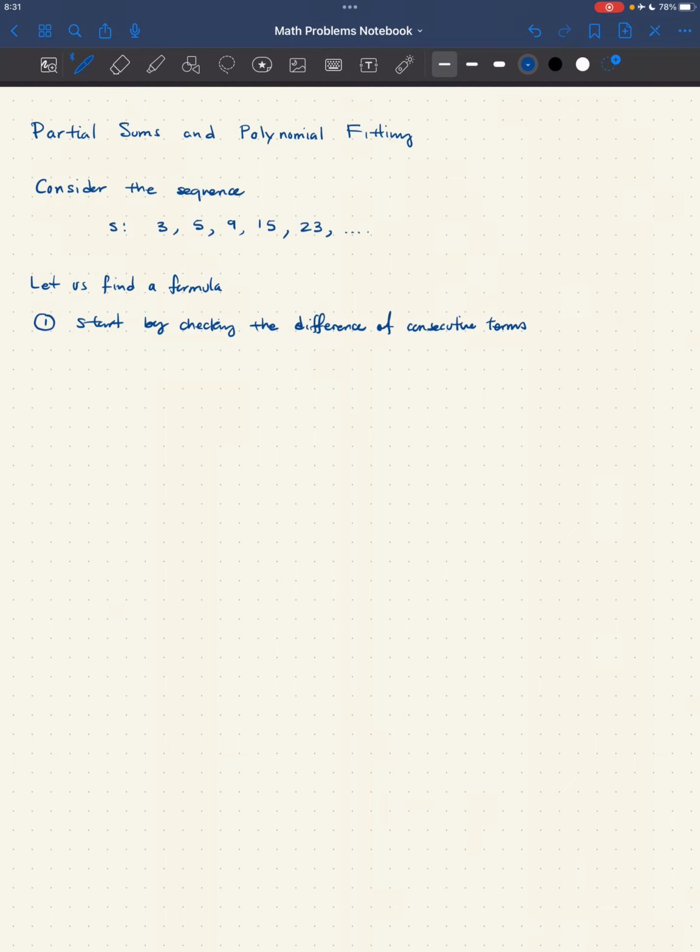Roughly, we need to create something that looks like this: I have S_n, and I'm going to have S of n minus S of n minus 1. Of course, this is only applicable after the initial value.